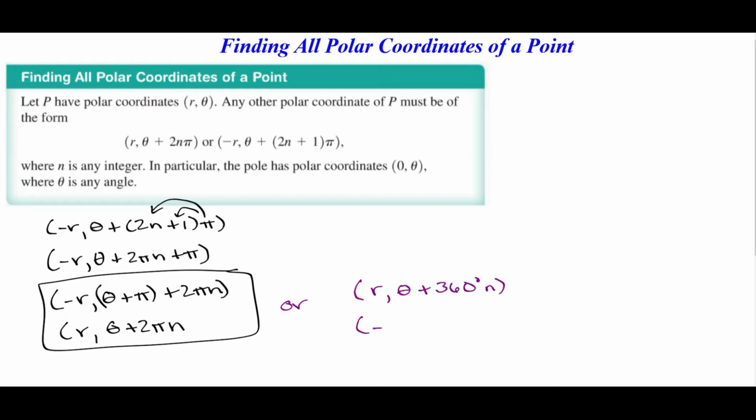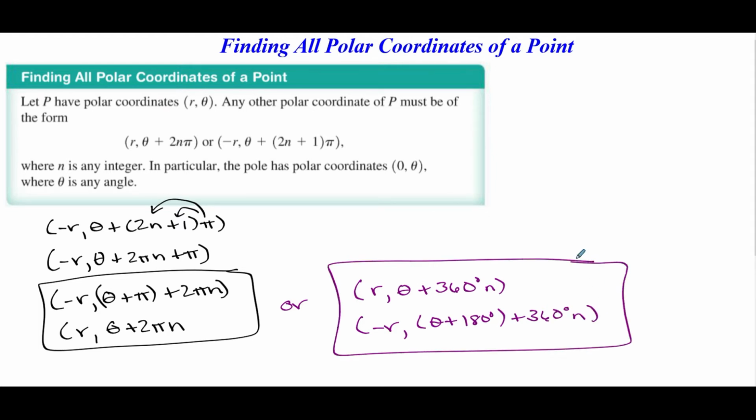And then the other one would be negative r, and then it would be theta plus a half circle, remember, would be 180 degrees plus 360 degrees n. So really it's just keeping the r value as it was given to you, and then writing your theta with a whole circle times n, or changing the sign of your r, and then in that case you're going to add a half circle to your theta value and then write plus a whole circle n onto that.